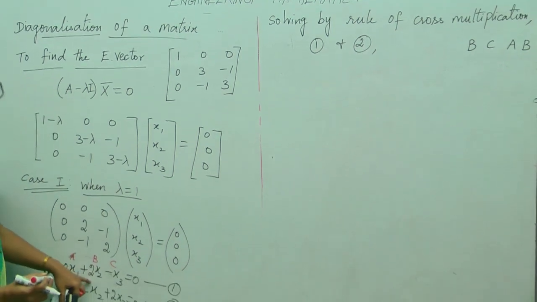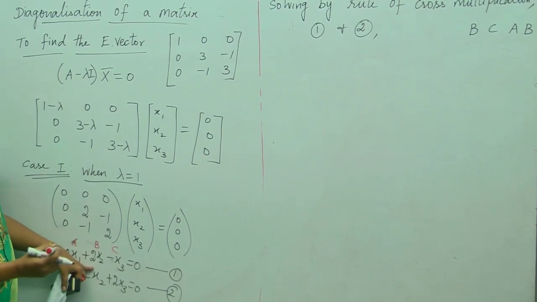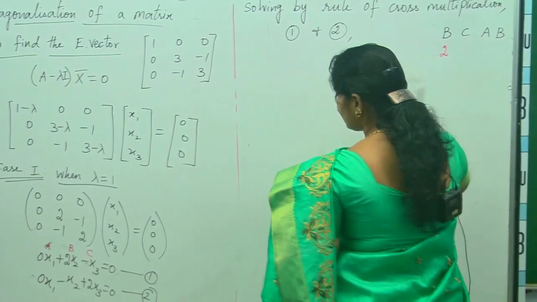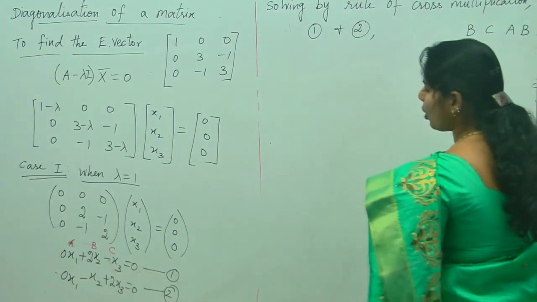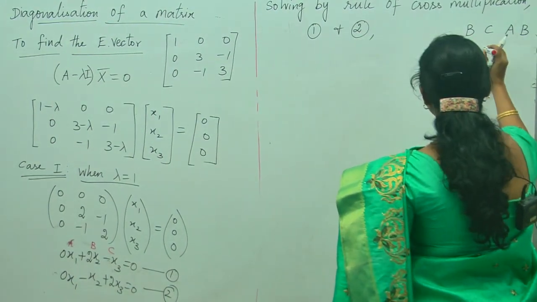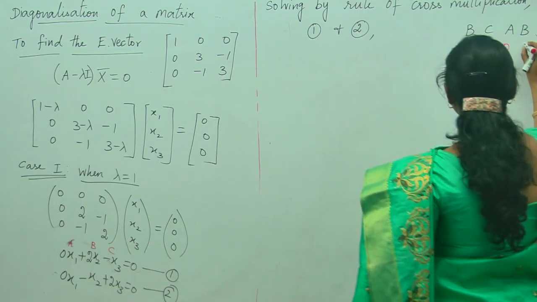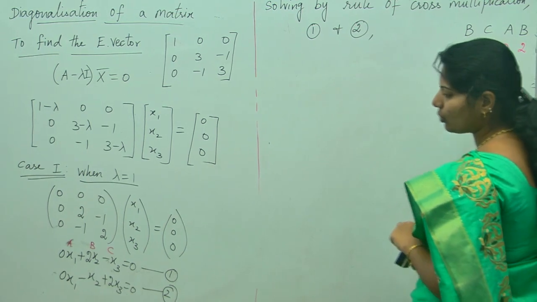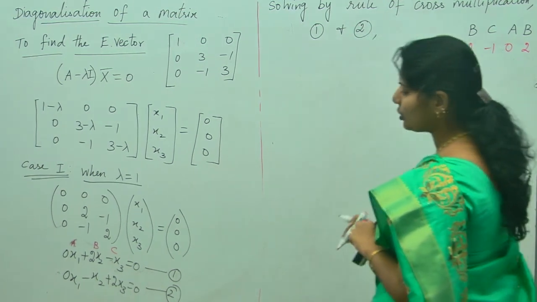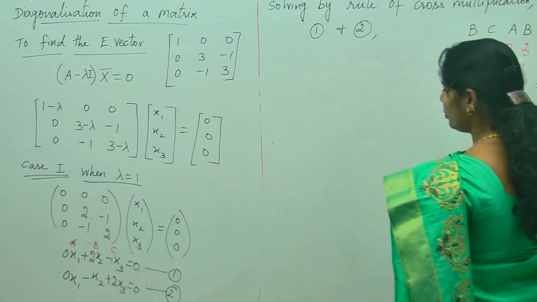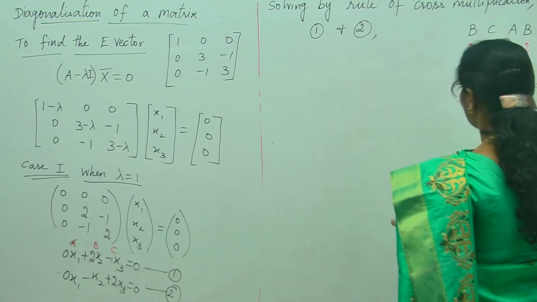That means the coefficients of x2, x3 here, you will take as A, B, C. Now, when you take this as B, what is the coefficient of x2 here? 2. And similarly, what is the coefficient of x3 there? -1. And A will be 0 and again B will be 2. This is for equation 1. Move on to equation 2. Same way, -1, 2, 0, -1.